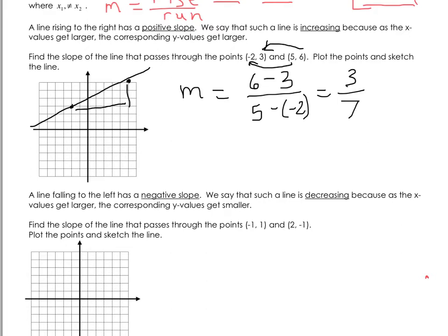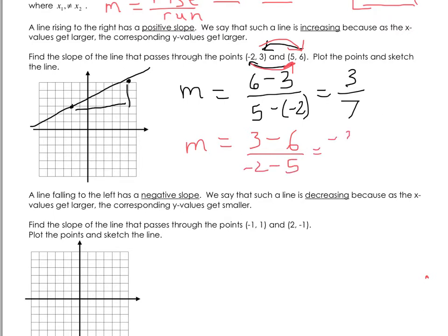Notice that we can go the other way. We can take the difference between the y values beginning with the 3. We'll say 3 minus 6 over, let's take the difference between the x values beginning with the number -2, -2 minus 5.